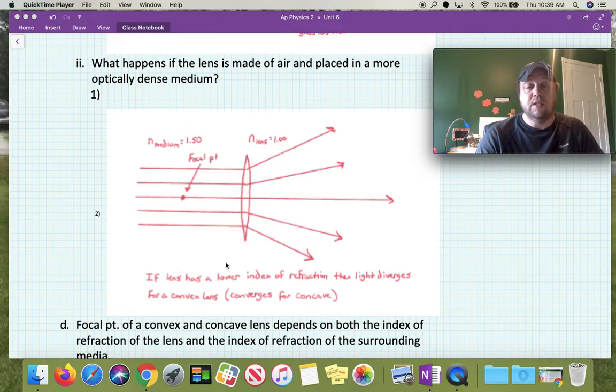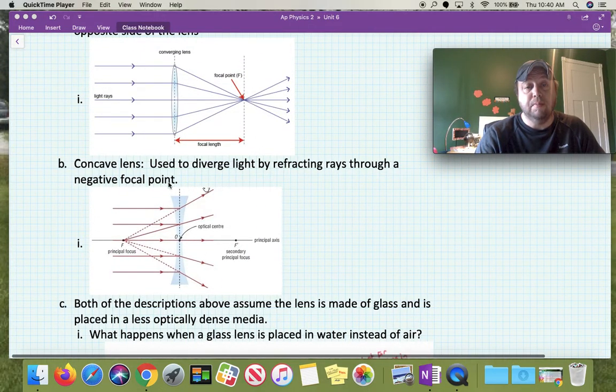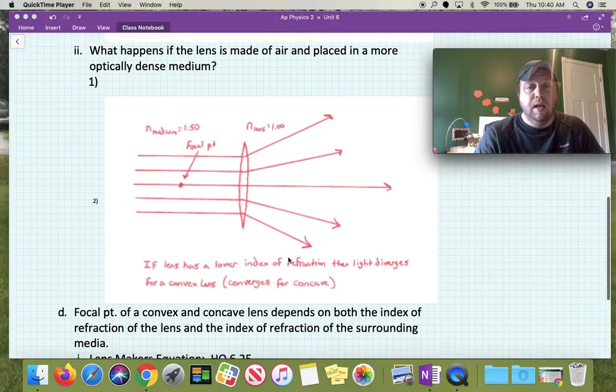Since the lens has a lower index of refraction, the light now diverges even though it's a convex lens. If I put a concave lens in the same scenario, light would actually converge. So basically these two diagrams flip-flop around if the medium has a higher optical density than the lens does.